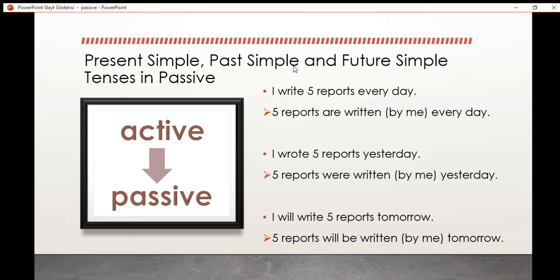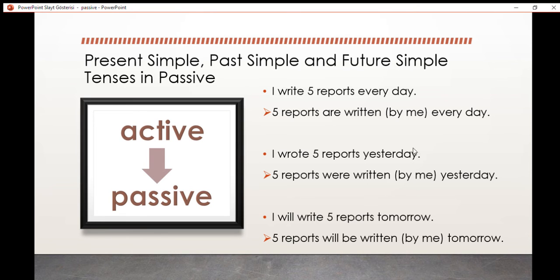And the correct form of be in present simple would be am is are. And because it's plural, I use are. And the third form of the verb, 5 reports are written every day. If you want to add by whom, you can simply add by me after the verb in the sentence, and you can say 5 reports are written by me every day.